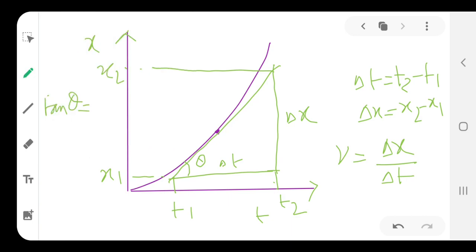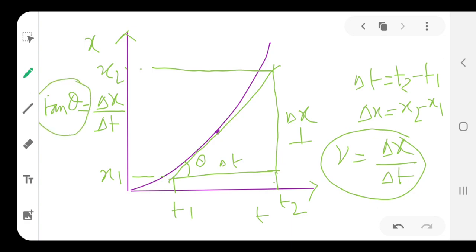So my tan theta will be the perpendicular, that is my delta x, and the base, that is my delta t. So I can see that this v is nothing but tan theta itself, right?